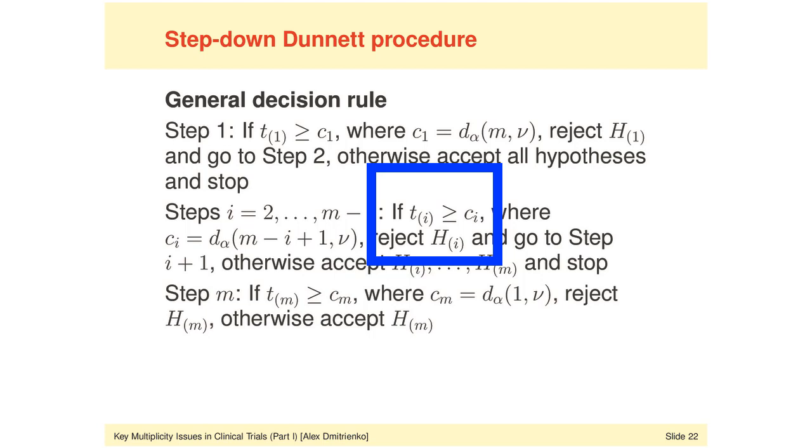And in fact, the step-down Dunnett procedure can be shown to be uniformly more powerful than the single-step Dunnett, just like the step-down non-parametric procedure, which was the Holm, is uniformly more powerful than the non-parametric single-step procedure, which is the Bonferroni.